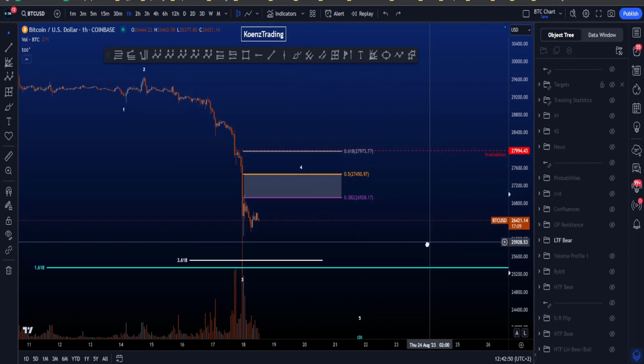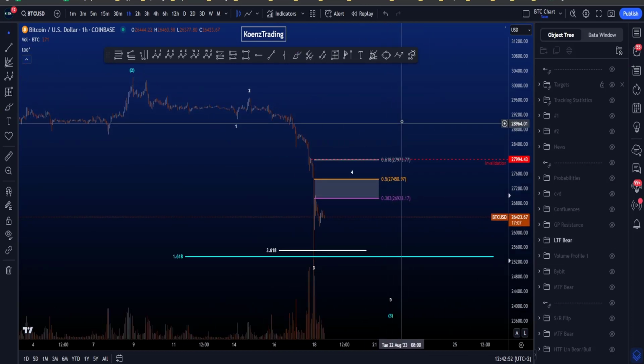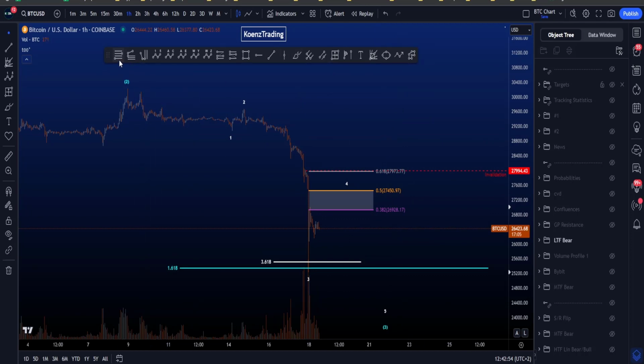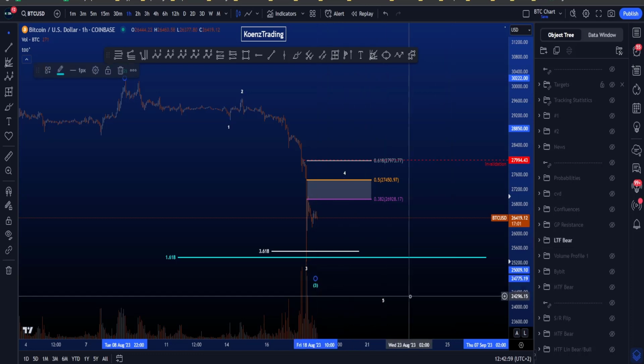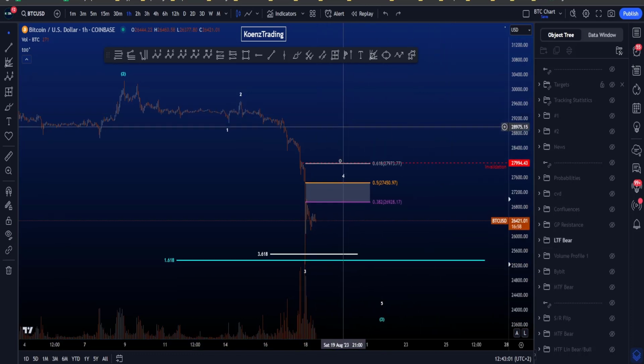If, however, candles would close above the 0.5 over here, then the next potential scenario that I already have in mind is that the blue wave 3 might be in, and this might be part of a blue wave 4.